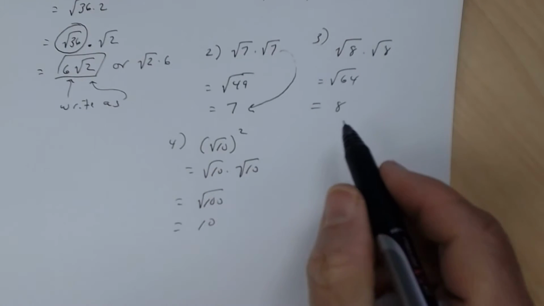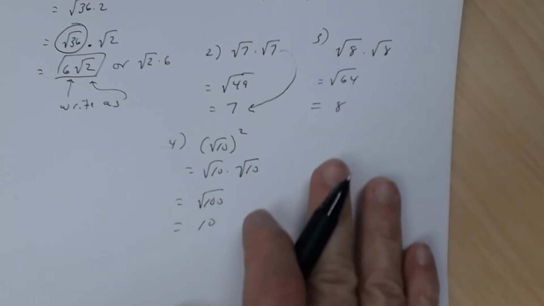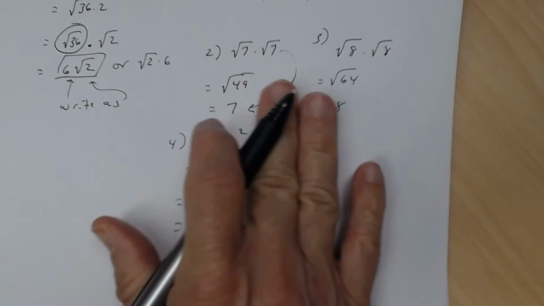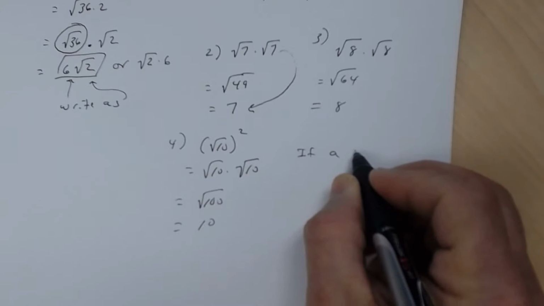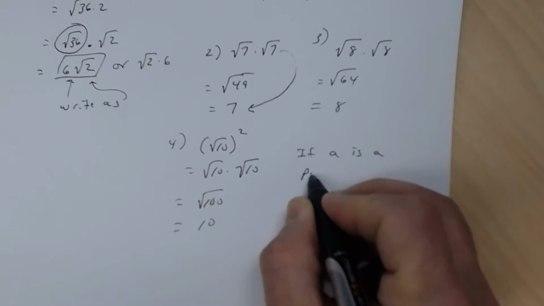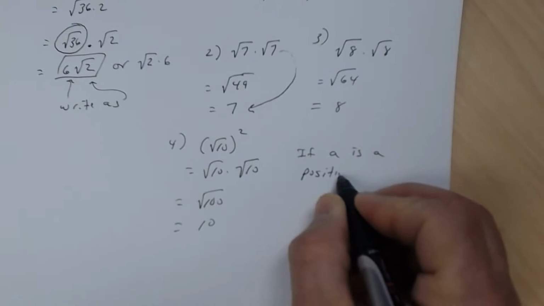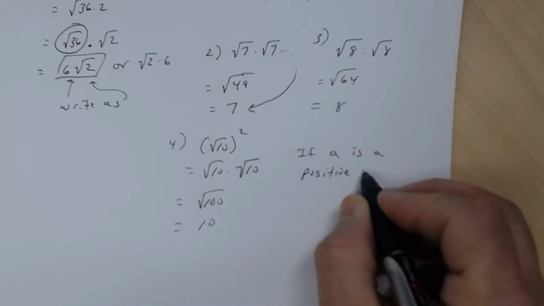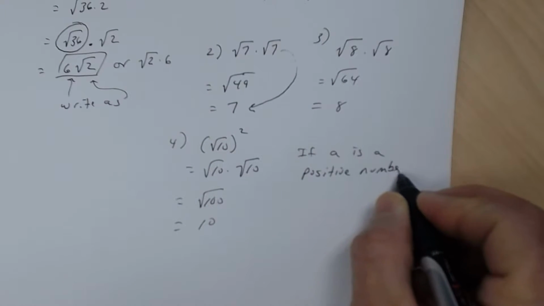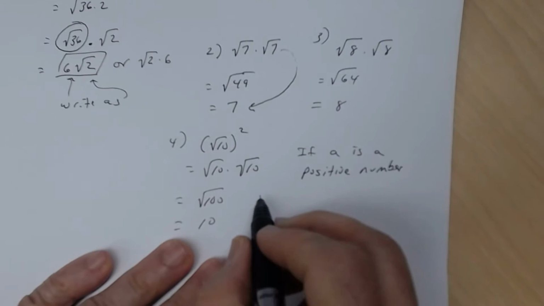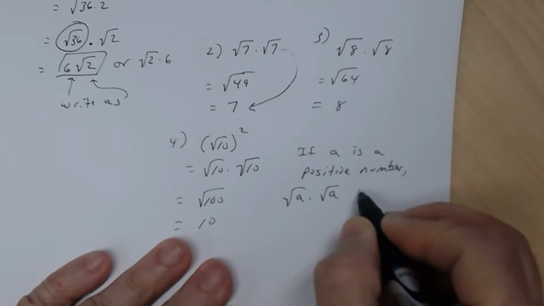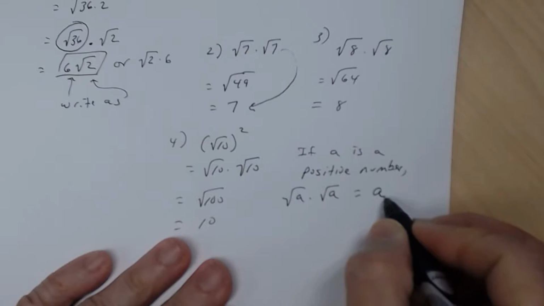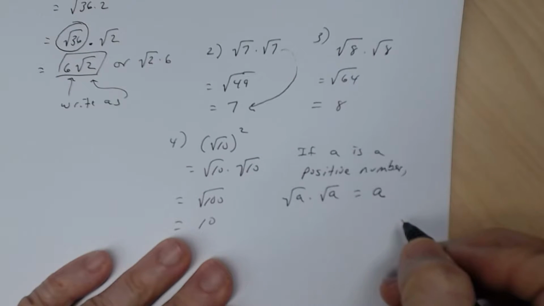All right, so what I want you to notice from these three examples, numbers 2, 3, and 4, is this. If A is a positive number, then the square root of A times the square root of A is just A. It's just the radicand.